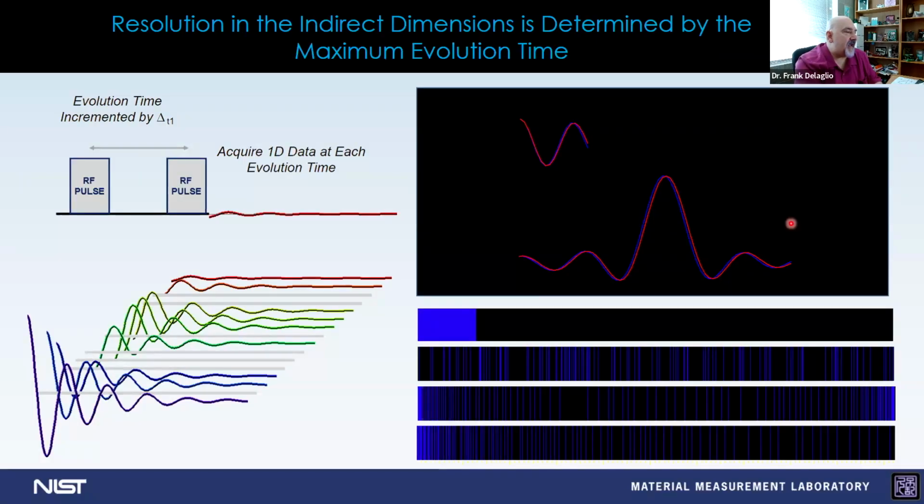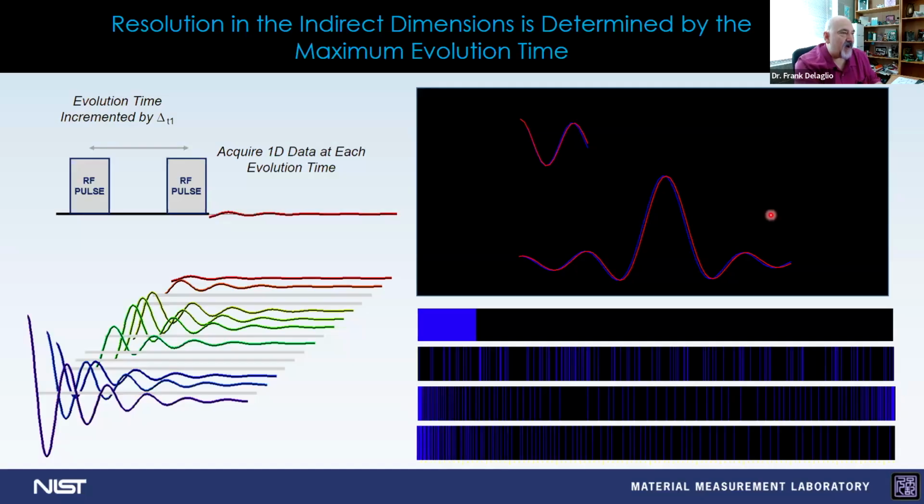Now, to understand what happens and why this is valuable to do, it's good to remember that the resolution achievable in the reconstruction depends on the length of the evolution time. In other words, the distance in time between the first point that we acquire and the last point that we acquire.